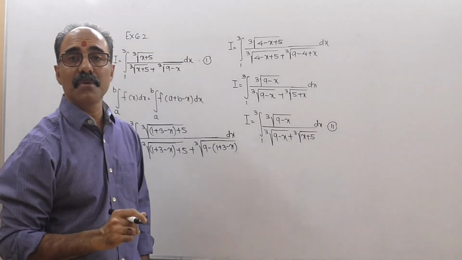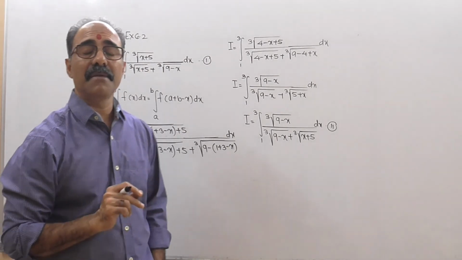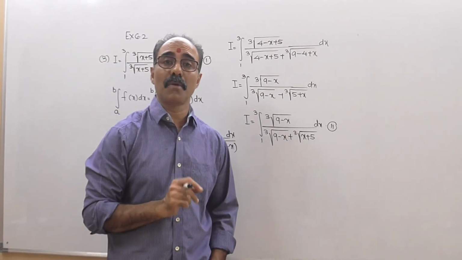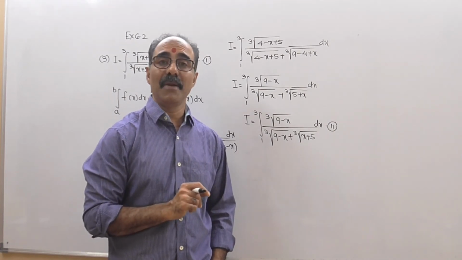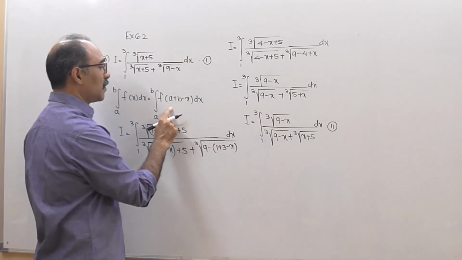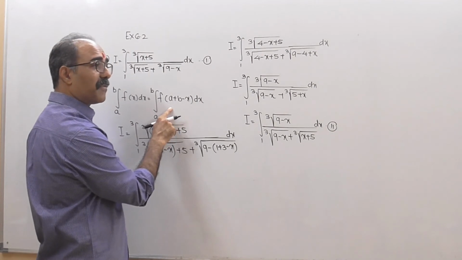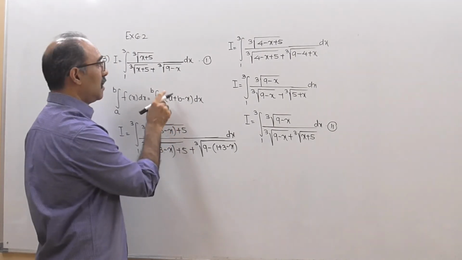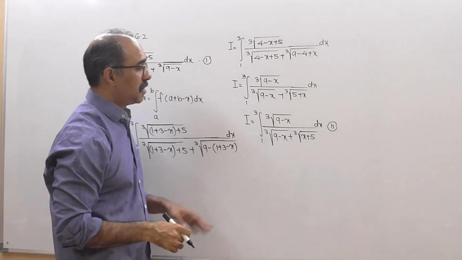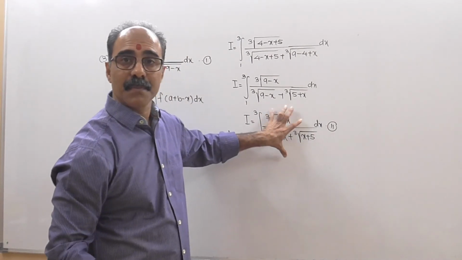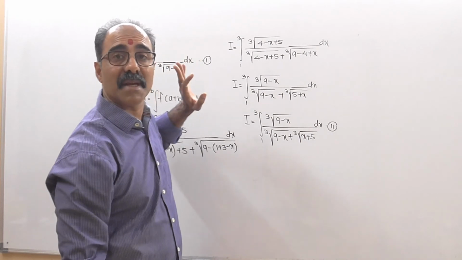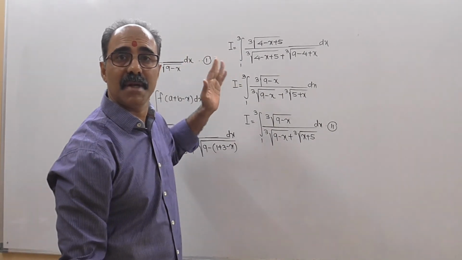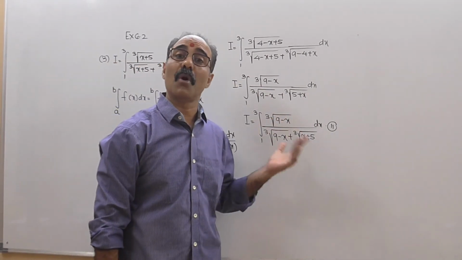Now what you have to understand is, many a times, not always, but many a times when you use the formula integration a to b f of x dx equal to integration a to b f of a plus b minus x, वो करने के बाद जो भी तुम्हारा आंसर आता है उसका डिनोमिनेटर और क्वेश्चन का डिनोमिनेटर सेम है क्या चेक कर लेना है, तो you can proceed, otherwise you will have to go for some alternative method.